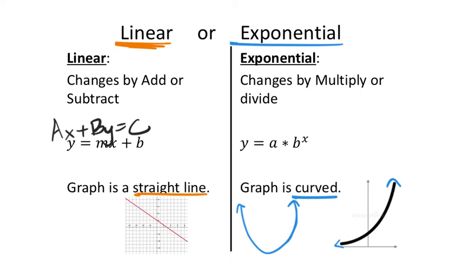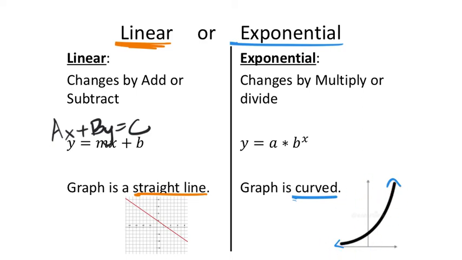So if you see that a line is curved on a graph, then you can know either way that we're looking at something that's exponential. Now, since we're dealing only with y equals a times b to the x, this equation will always produce a line that looks something like this. It may flip, it may rotate, or I guess reflect over one of the axes, but it's always going to be curved in this manner.